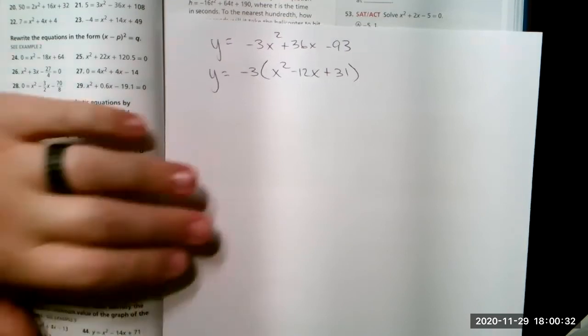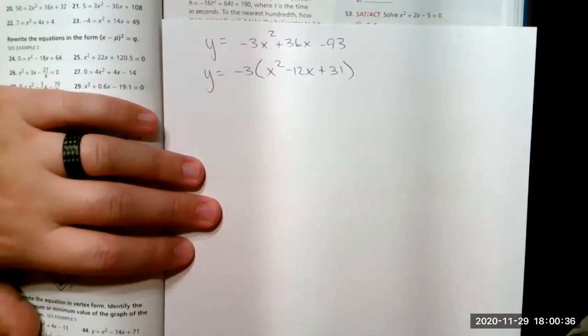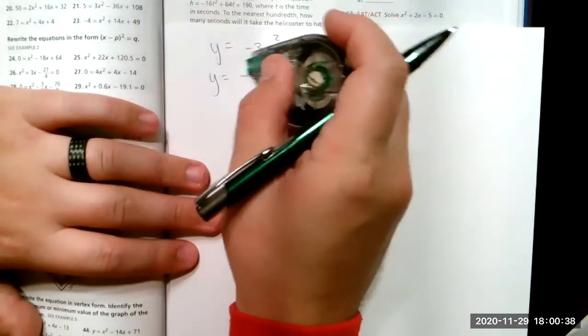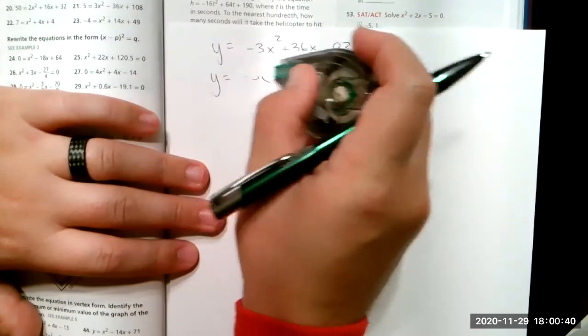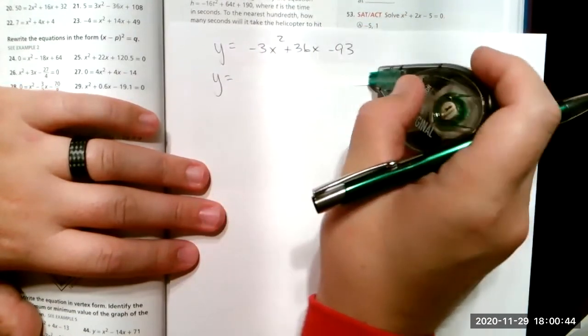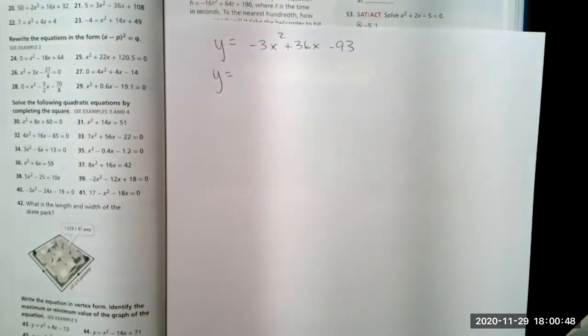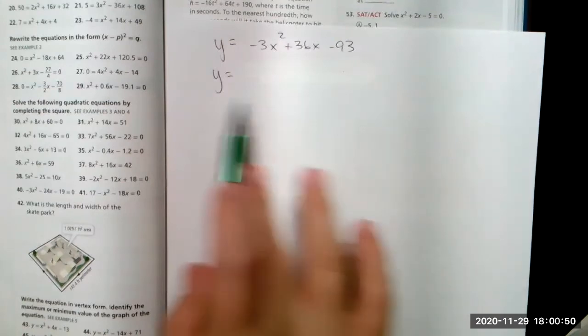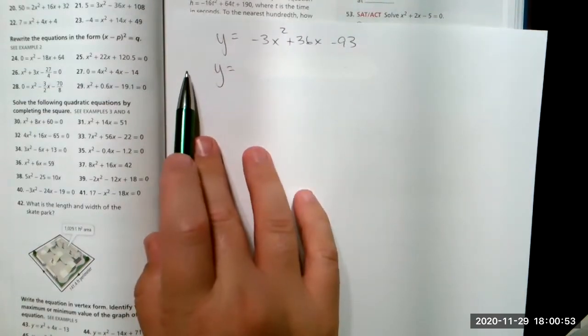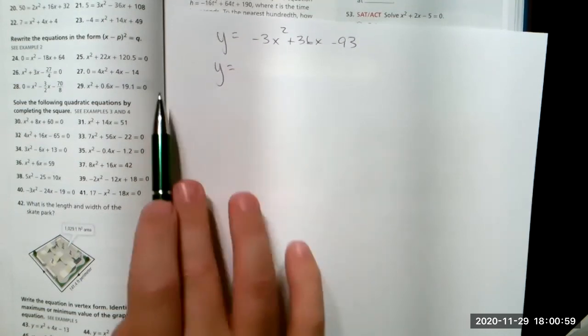So here's the point where I can go ahead and complete the square. I think I'm actually going to back up one step now that I did that. Let's do this. Give me a second, and I'll explain why here in just a second. I don't know if you remember or not, but in that example that we did a little while ago where I moved that number over to the left side of the equation and then I added that perfect square on the inside, but I didn't multiply it by the GCF, that can get a little bit messy.